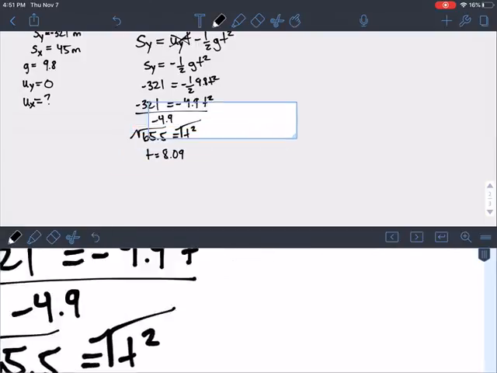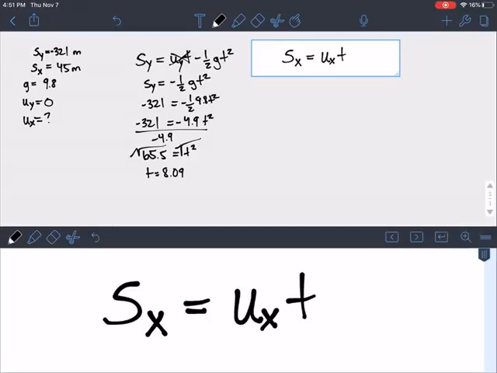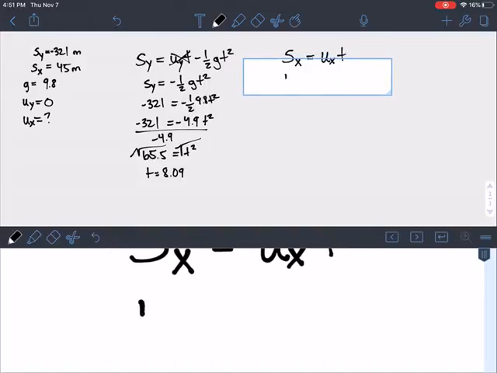We solved for time in the y direction. Now part 2. We're ultimately trying to find with what speed I need to fly, so initial speed in the x. So now I'm going to use the x direction equation that we're left with. Sx equals ux times t. Well, I know the space that I have. That was 45 meters.